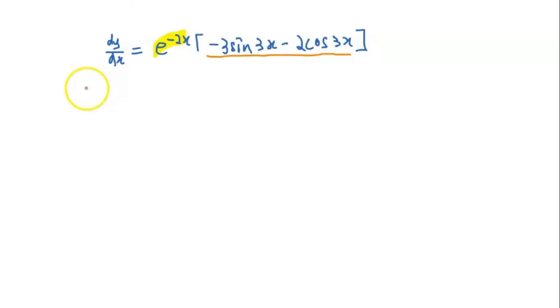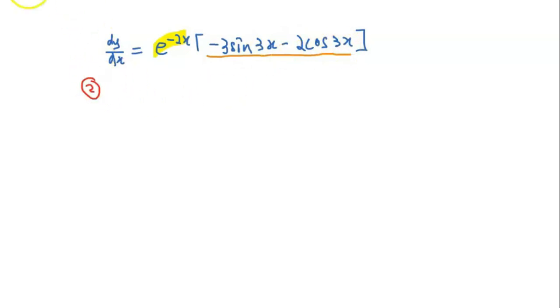let us continue to the second part of this question, which is to find d²y/dx². In order to find the second derivative of y, we have to differentiate the first derivative of y, which is dy/dx. In our equation of dy/dx, it is the product of two functions, where the first function is e to the power of negative 2x, and the second function is negative 3 sin 3x minus 2 cos 3x.